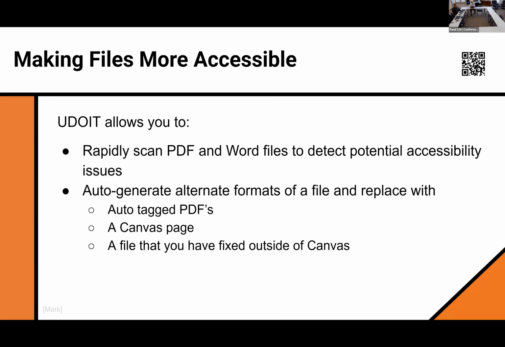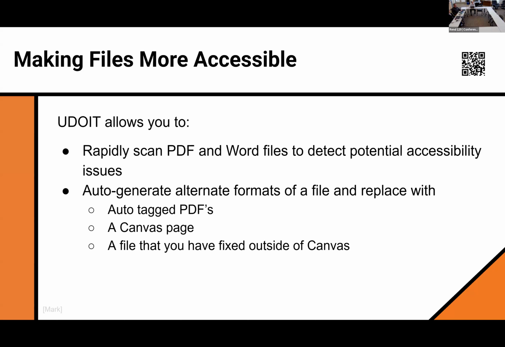And then making your files accessible. That's another thing that a UDOIT scan will identify. It'll rapidly scan any PDFs or Word files in your course to detect potential accessibility issues. And then your students have the ability to auto-generate alternative formats of that file and replace it, so that your PDFs are auto-tagged and they're not just a scanned image of the document.